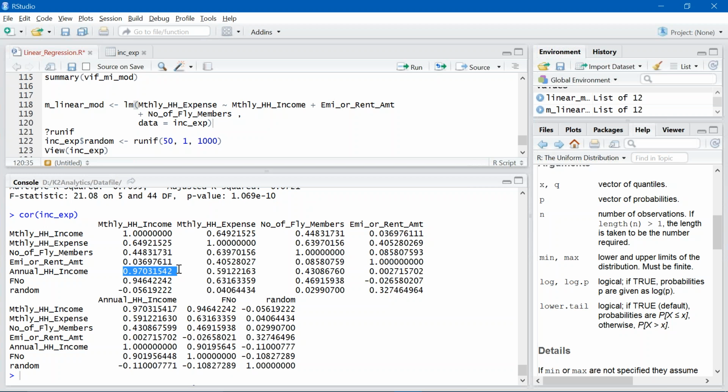Assume there are two more variables. Annual income is equal to monthly income plus joining bonus plus annual performance linked bonus. And because of that, annual income and monthly income correlation is only 0.6. Annual income and joining bonus has a correlation of 0.7. Annual income and annual performance linked bonus has got a correlation of 0.35.